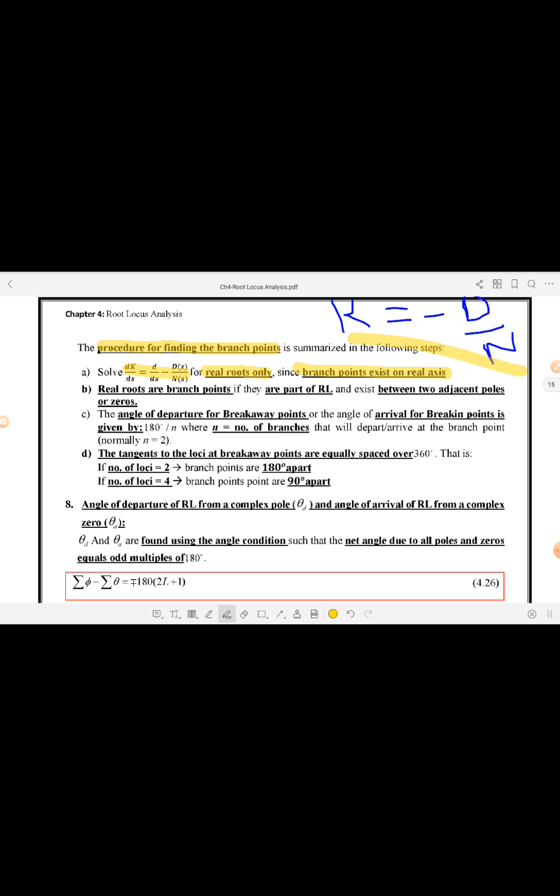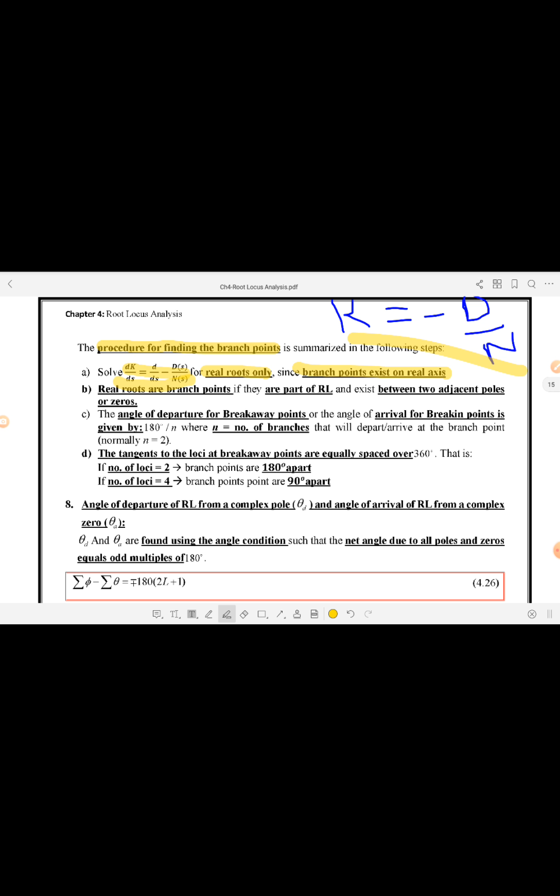If we have any complex or imaginary roots, they are neglected; we don't pay attention to them. The only roots we take into consideration are the real roots of dK over ds.